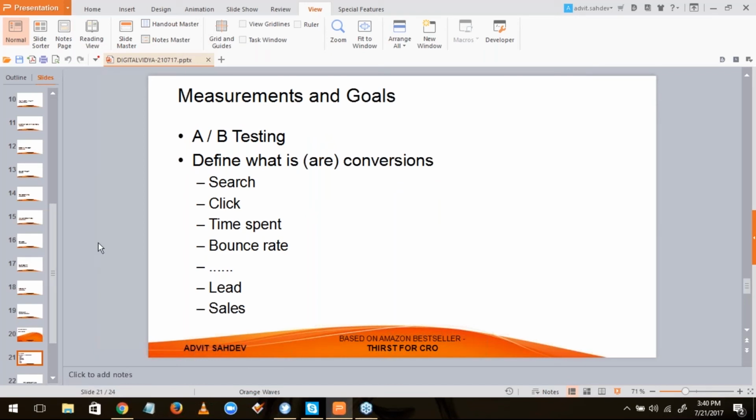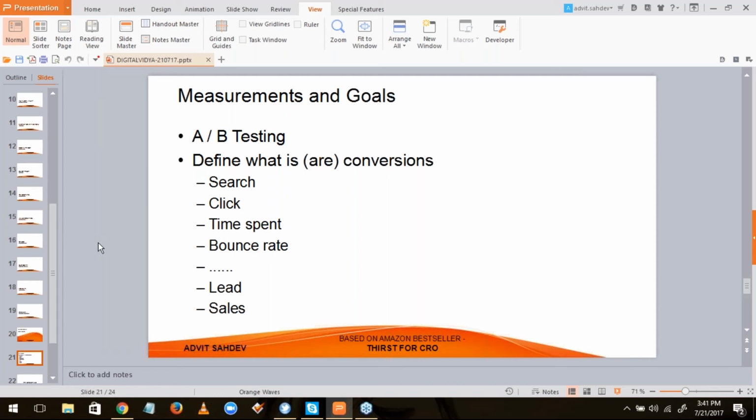Another important aspect that I want to talk about very briefly is measurements. Right? What should we measure? During all this, one of the questions that you might have is that since there are so many changes, how do we make sure that we know what is working and what is not working? So let me take a very simple example of image A and image B as the main image on the landing page.